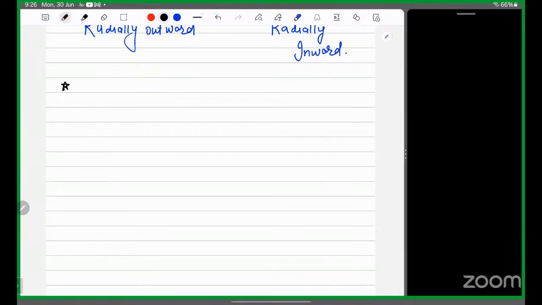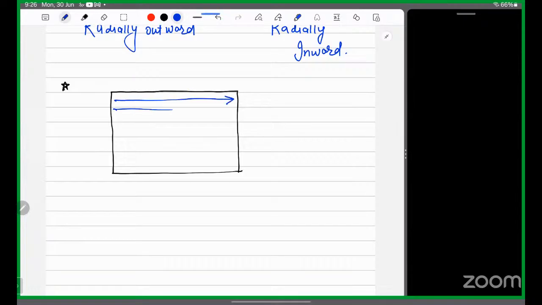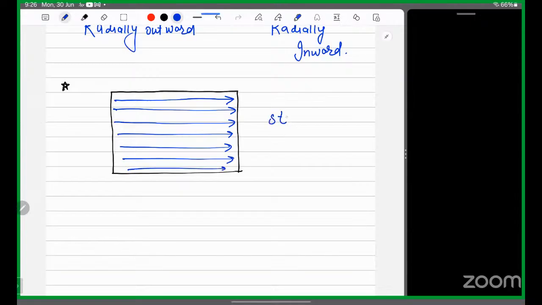Next point is about the strength of electric field using electric field lines. Let's say we have a region in which EFL are close to each other. If electric field lines are close to each other, it represents a strong electric field.